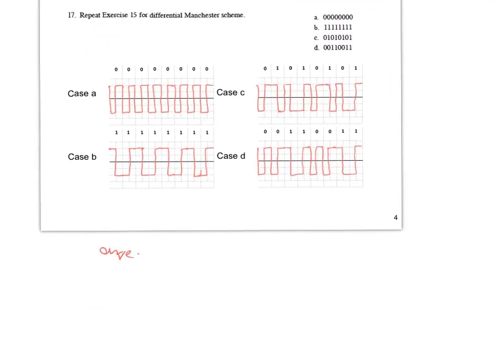Average number of changes equals, of course in this case it's double the changes, so it's 16 changes. We have again 1, 2, 3, 4, 5, 6, 7, 8, 9, 10 all the way to 16. For case B, we have 1, 2, 3, 4, 5, 6, 7, 8, so 8 changes.